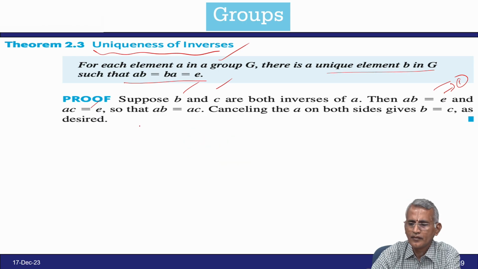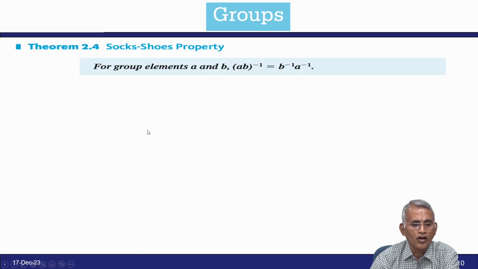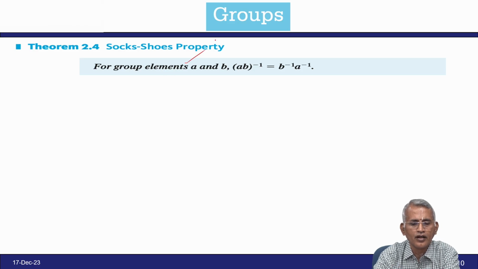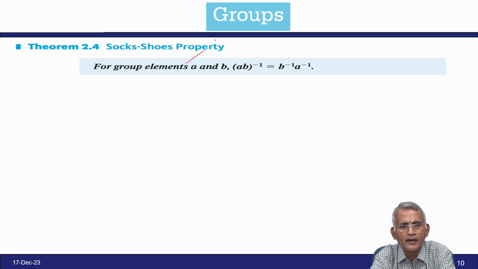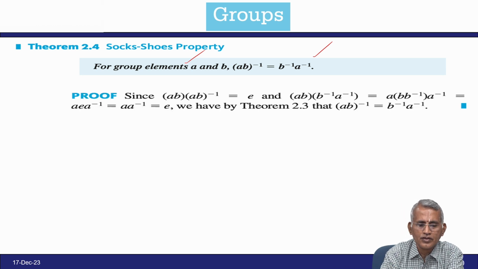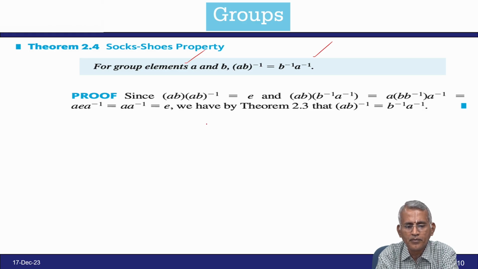Right. Next, we have the Socks-Shoes property. It means for group elements A and B, the inverse of AB is equal to B inverse into A inverse. So we have to prove the statement. What you have to do is multiply one element by the inverse of the other element.